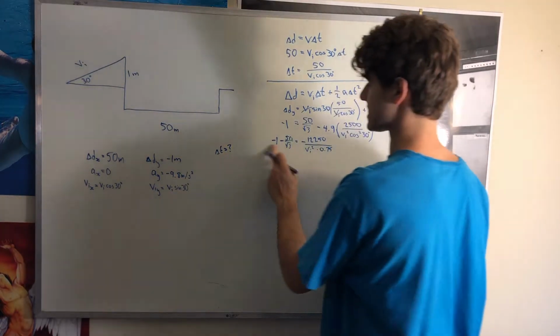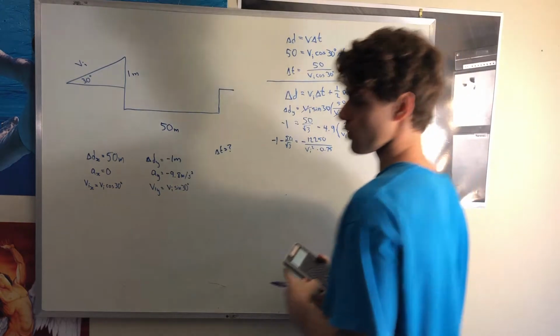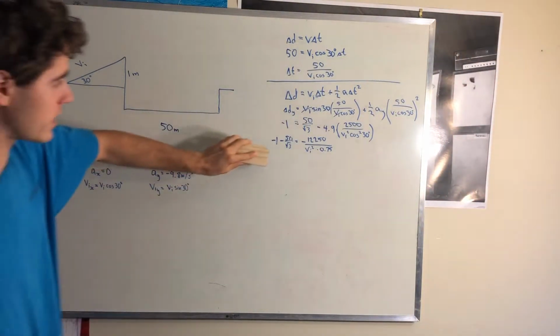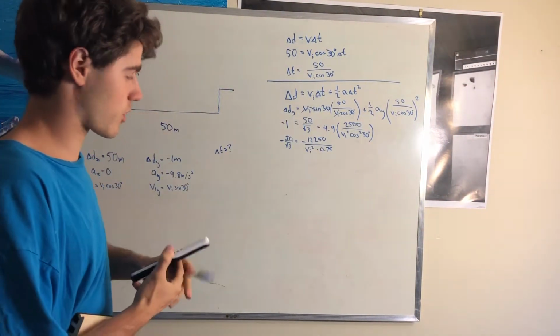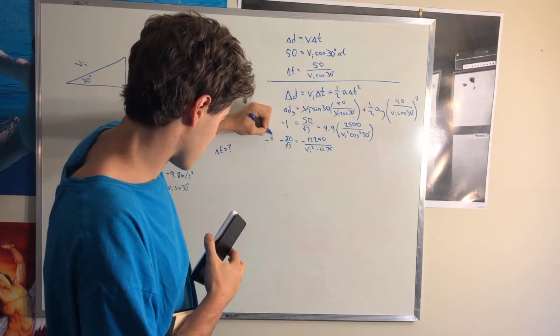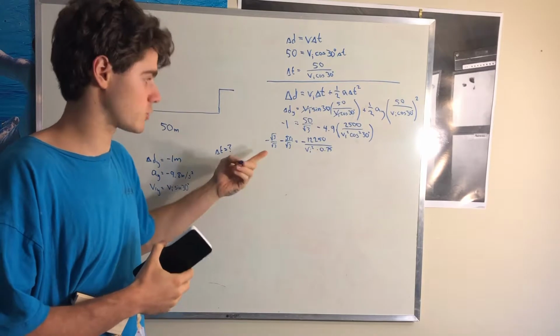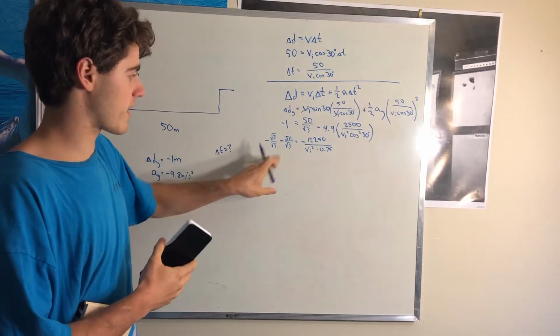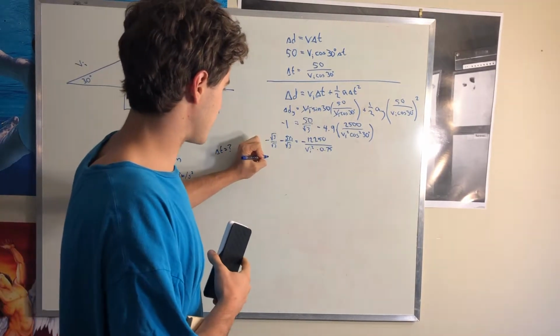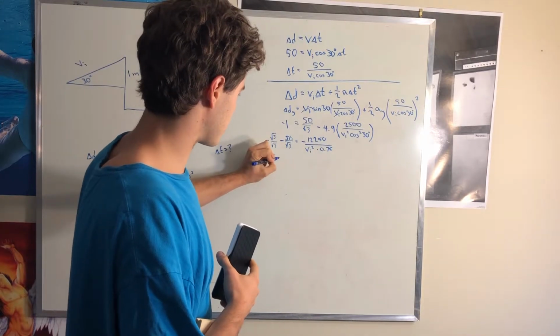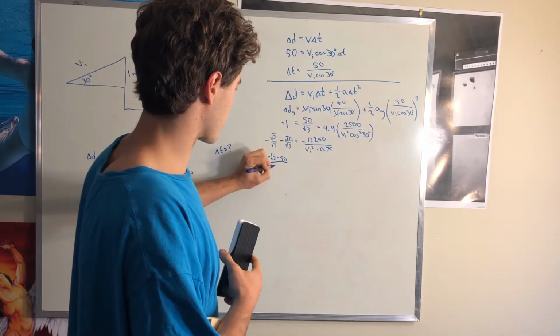Okay, now we can simplify this side because negative 1 can just be rewritten as negative square root of 3 over square root of 3. Right, because anything divided by itself is 1, so this is the same thing. And then we have a common denominator, so we have negative root 3 minus 50 over root 3.